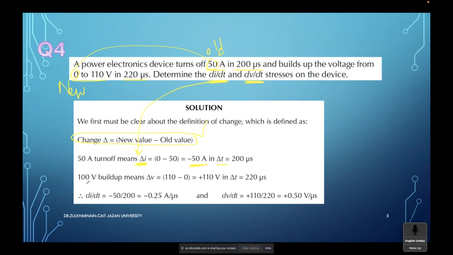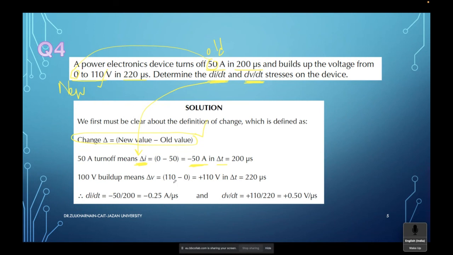So for the voltage build-up, again new value minus old value. What is the new value? He has given the new value for voltage as 110. So you keep 110, minus the old value. It was going to 0, it builds up from zero. So it goes from 0 to 110.